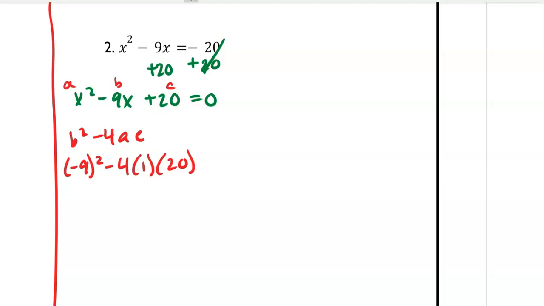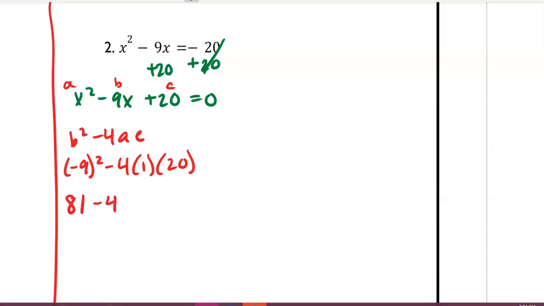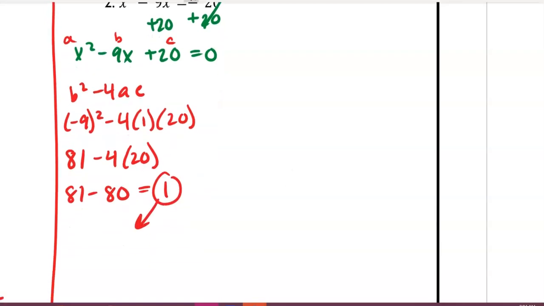So 9 times 9 is 81, and 4 times 1 is 4. 4 times 20 is 80. So we have 81 minus 80, which gives us 1. That's a positive number, so we have two real solutions. So how many times will this cross the x-axis? Twice. The two real solutions will cross the x-axis 2 times.